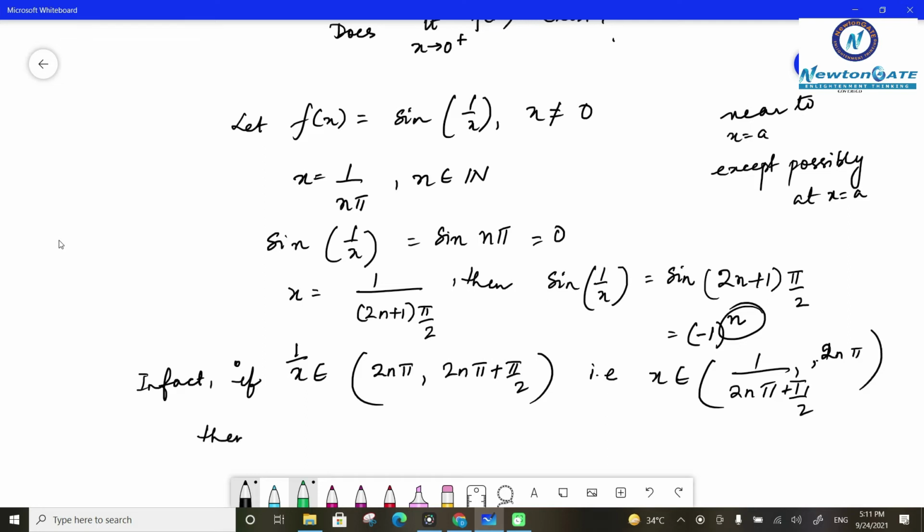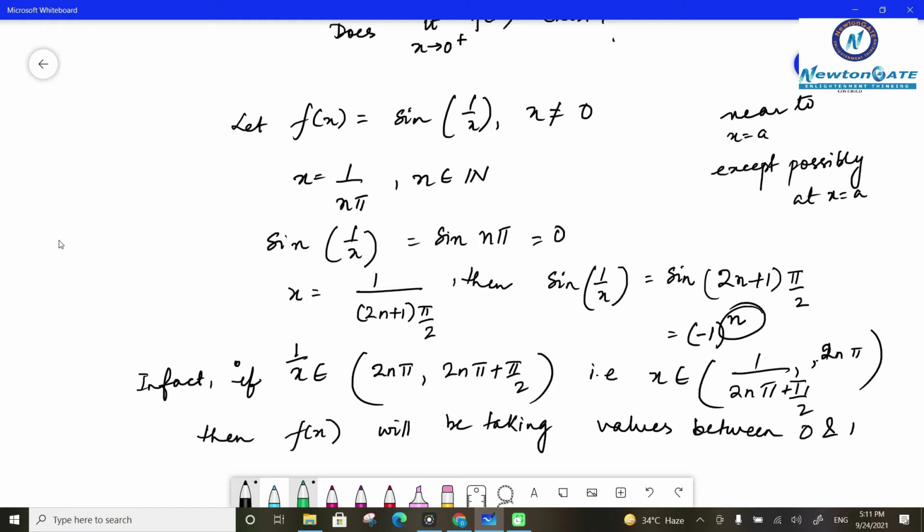Then f(x) will actually take all the values between 0 and 1.